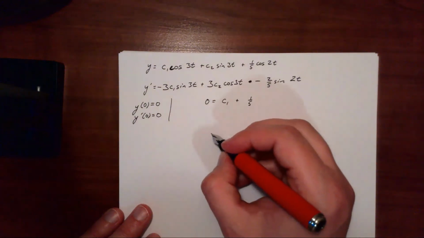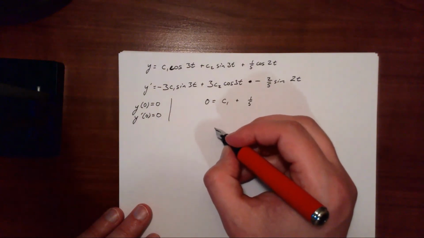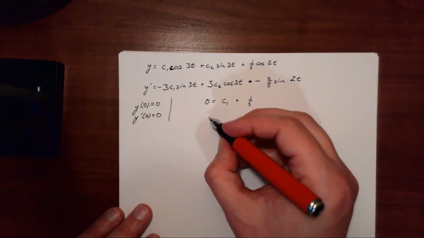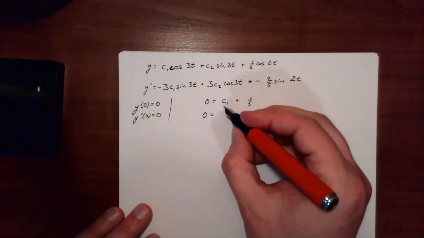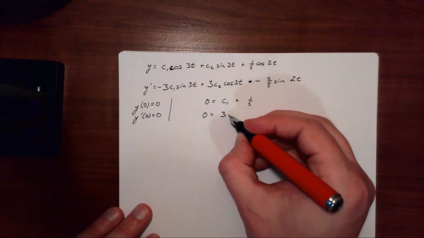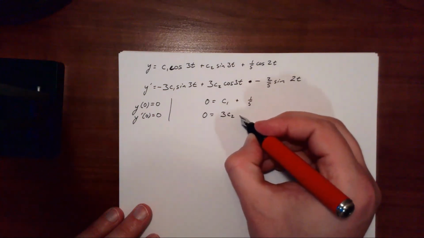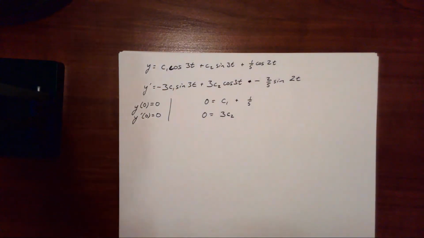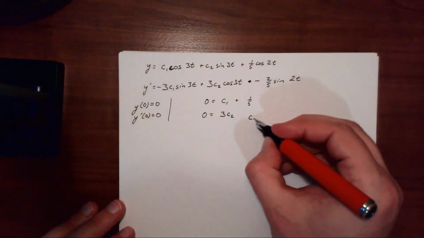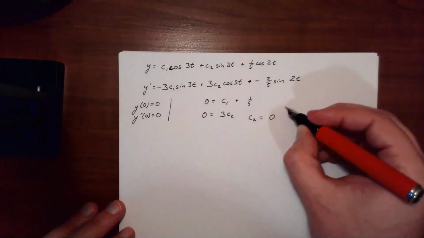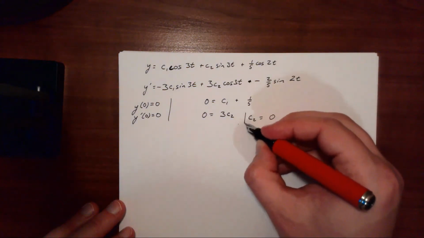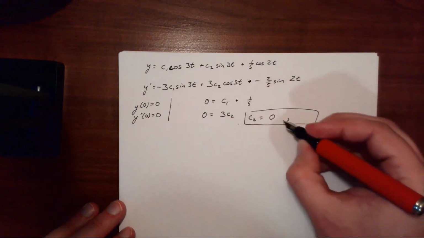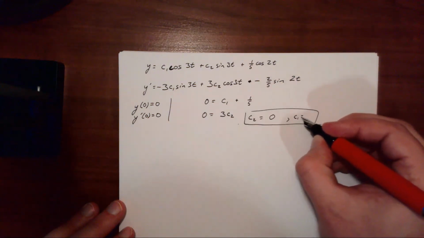Remember, when it comes to sines and cosines, cosine of 0 equals 1, sine of 0 equals 0. And then the other one is 0 equals 3C2, and that's it. So I can see that C2 is going to equal 0, and C1 is going to equal negative 1/5.